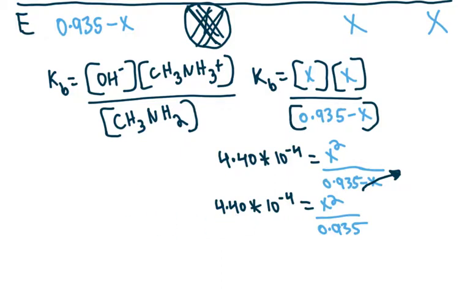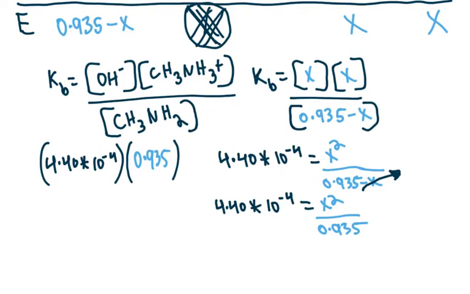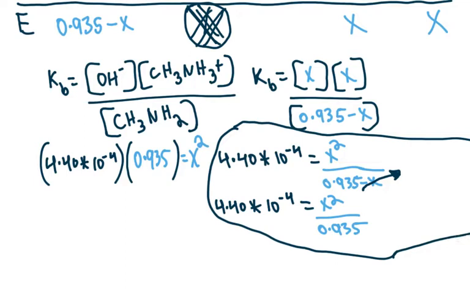So we do 4.4 times 10 to the negative fourth times our value of 0.935, and all of that is going to be equal to x squared. All right, so let's go and separate this out so we don't confuse this with that calculation.